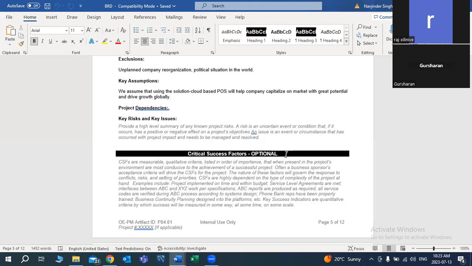Project dependency here is, if you want to use your point of sale system, make sure your inventory management system is connected properly. The inventory management system must be integrated with the point of sale system. Why?